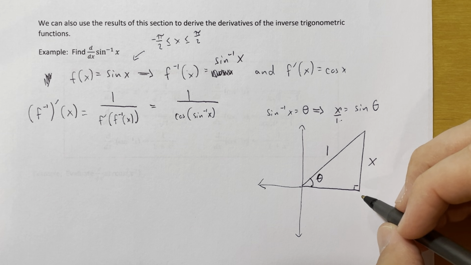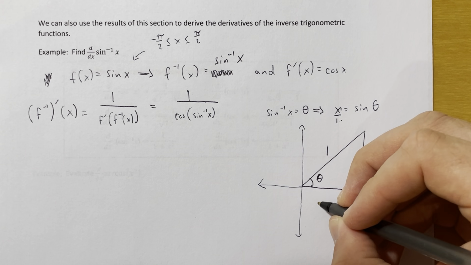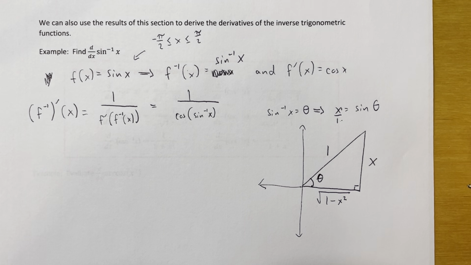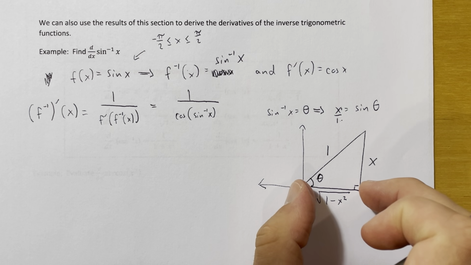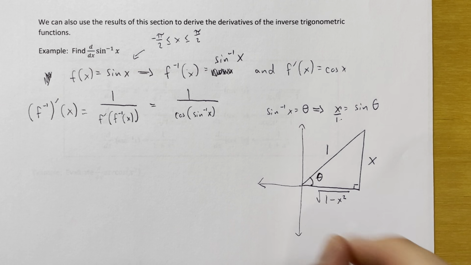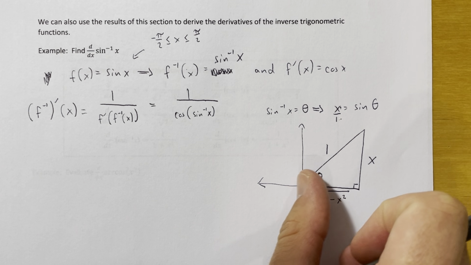So I would use the Pythagorean Theorem. It's going to be the square root of 1 squared minus x squared. This is straight from the Pythagorean Theorem. Now notice that this leg of the right triangle is to the right of the y-axis, whether the triangle is in the first quadrant or the fourth quadrant.